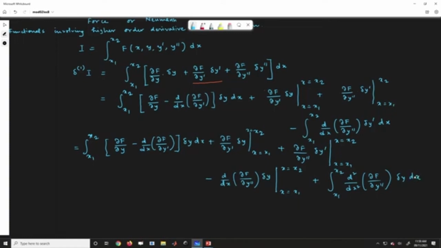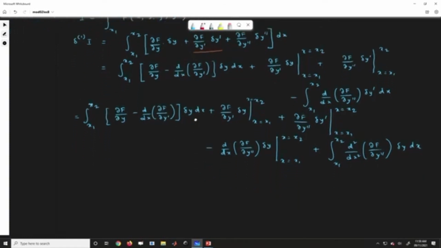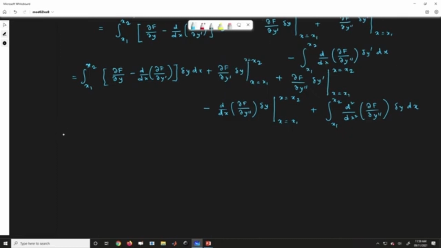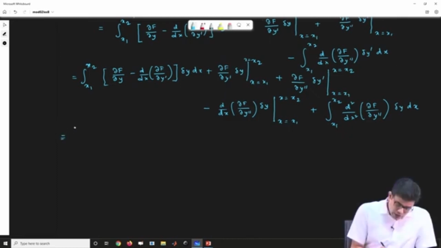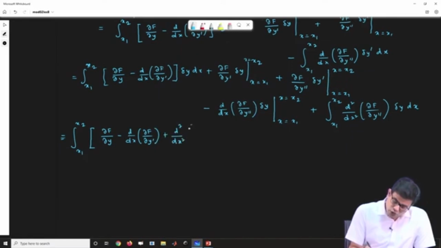Now I will take the δy terms together, which will give me the Euler-Lagrange equation like in the previous case, that is ∂f/∂y minus d/dx of ∂f/∂y' plus d²/dx² of ∂f/∂y'', this into δy dx.